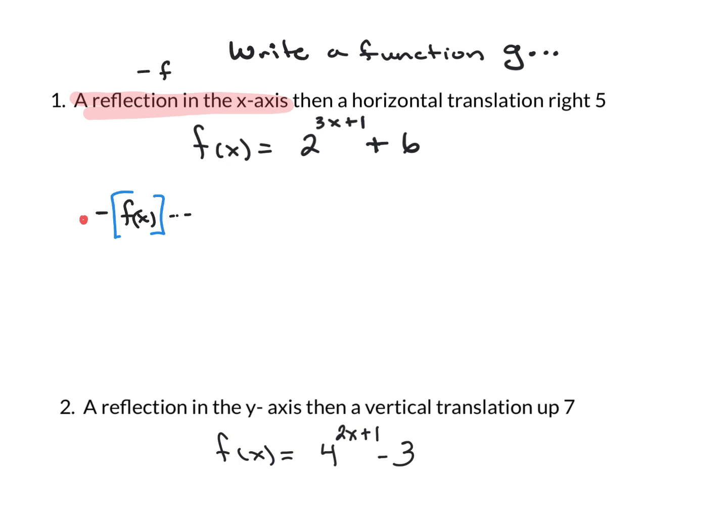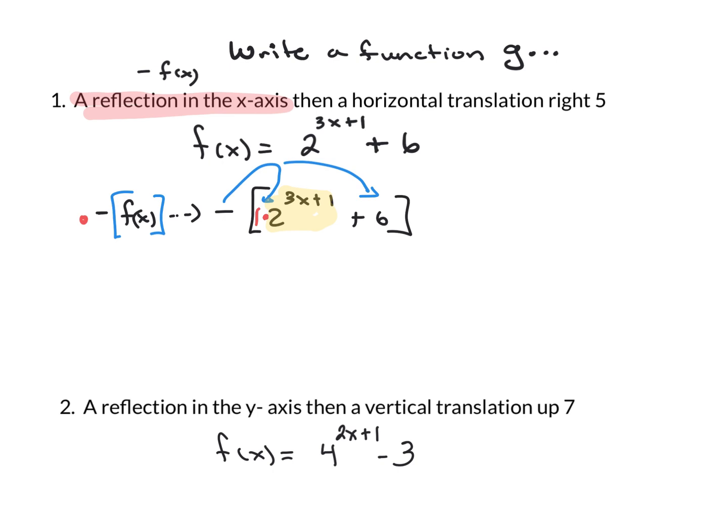So negative f of x. That would give us a negative times the entire function. That means we have to multiply that negative out in front, outside of the exponential. Remember, there's really a hidden 1 being multiplied times 2 to the whatever.